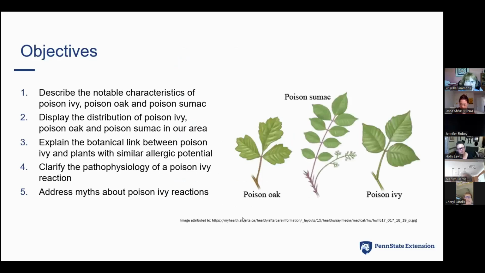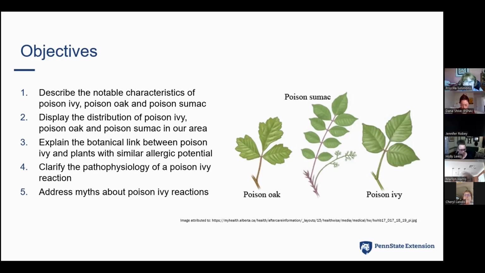In today's session, the objectives, I'm just going to read them. Describe the notable characteristics of poison ivy, poison oak, and poison sumac so that you can recognize them. Display the distribution of these in our area. Explain the botanical link between poison ivy and plants that have similar allergic potential.